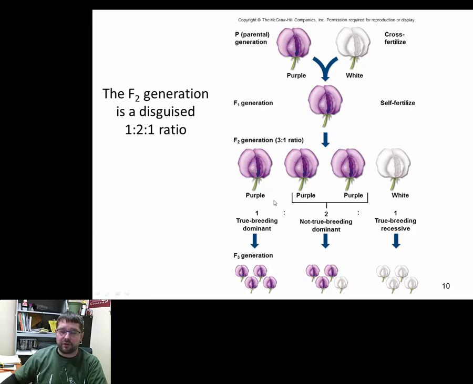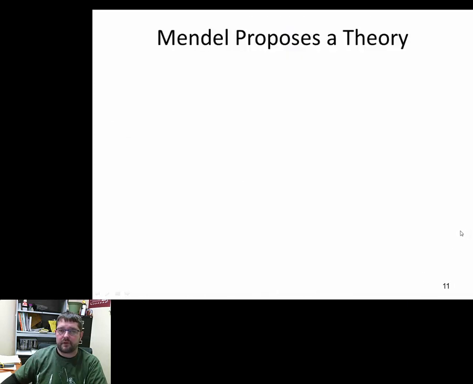But what's going on is you have 25% that are going to be true breeding dominant, 50% that are not true breeding dominant, and when you cross them, they produce the recessive or non-dominant variable, and then 25% that are going to be true breeding recessive, always producing the recessive trait.